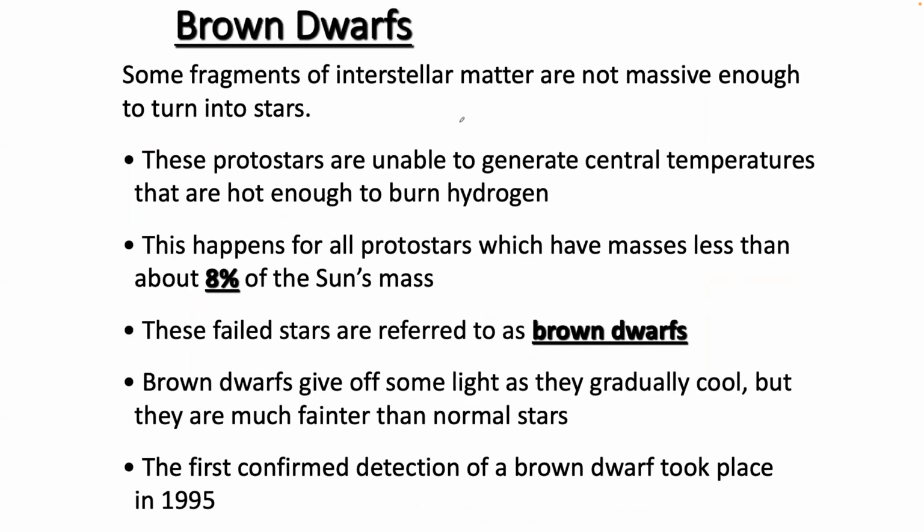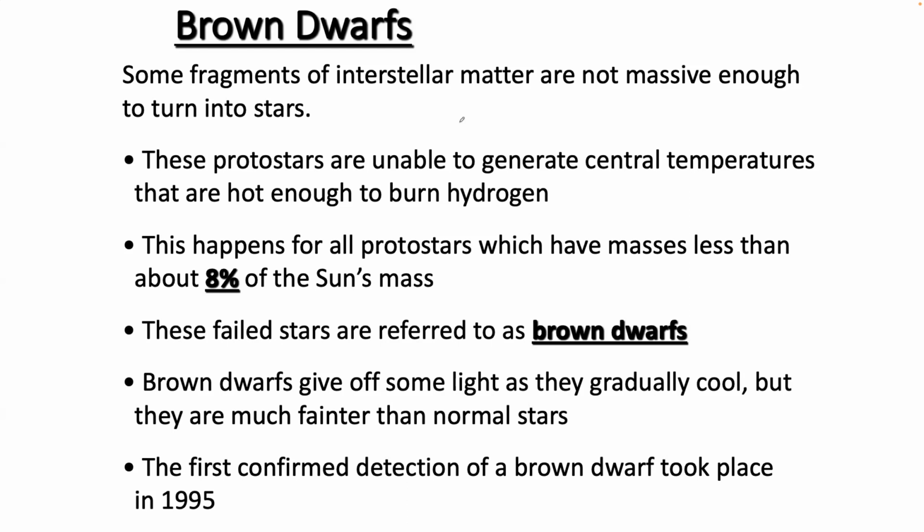Right, now the next thing is that there are certain stars, or some fragments of interstellar matter, that are actually not massive enough to turn into stars. However, there will be protostars, right? So they will create protostars, but this initial mass is not enough to convert them into real stars.